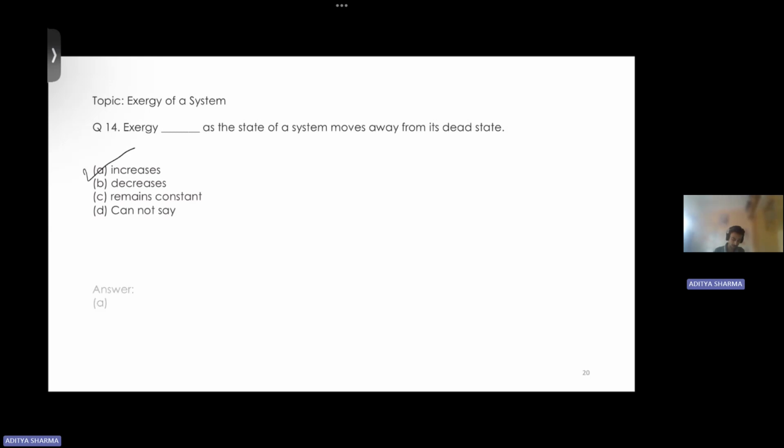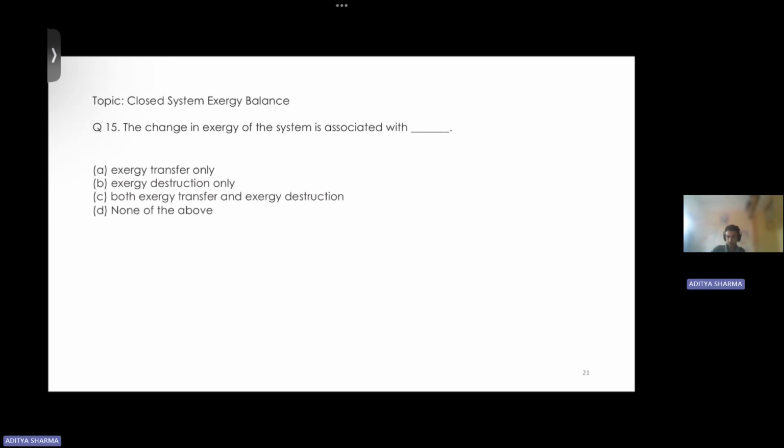So in that case, option A is the correct answer. Okay. So moving on to next question. This question is on closed system exergy balance. And this is question number 15.